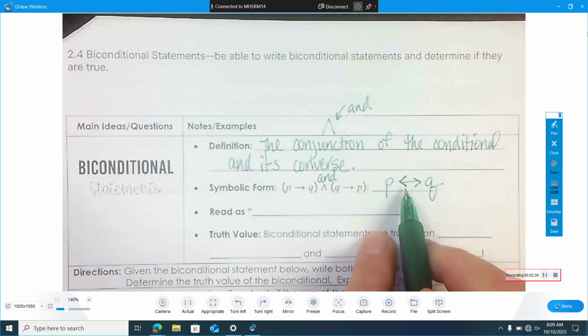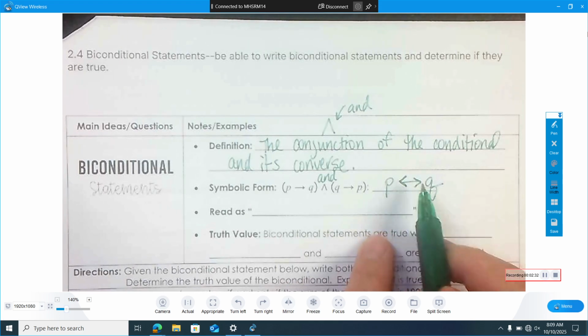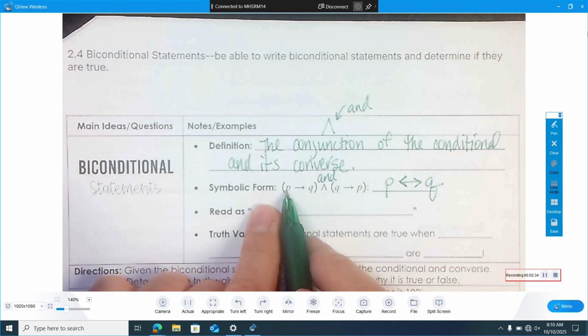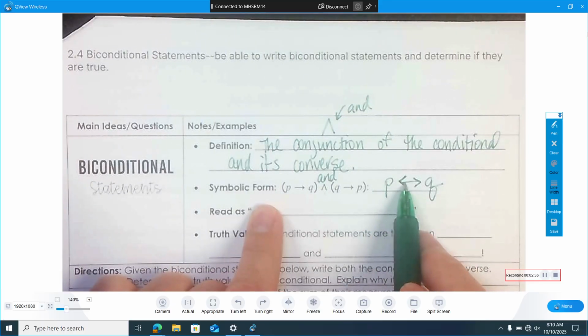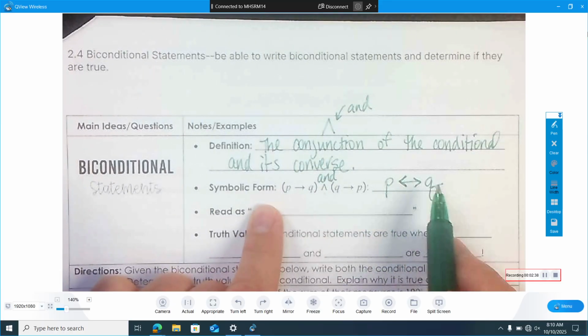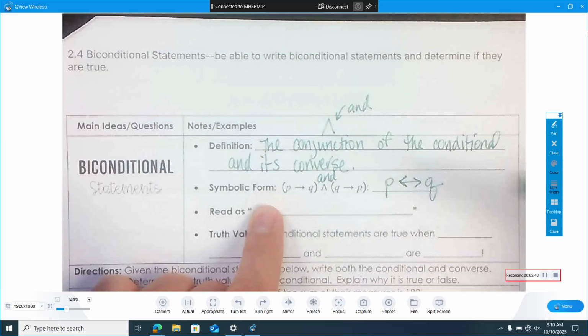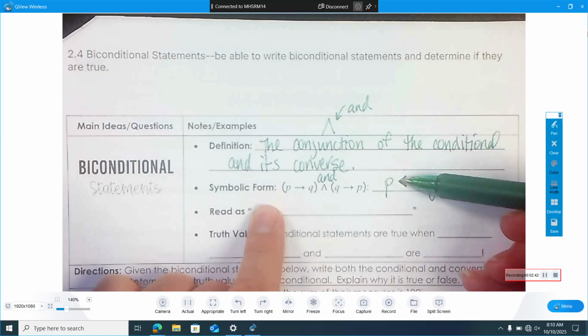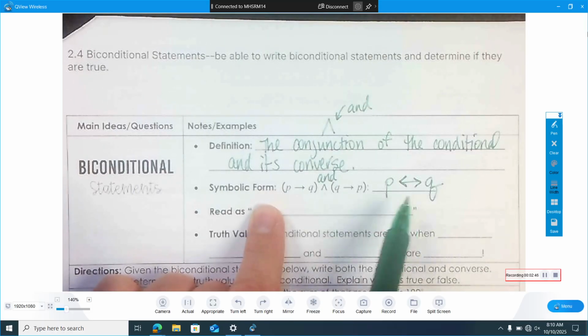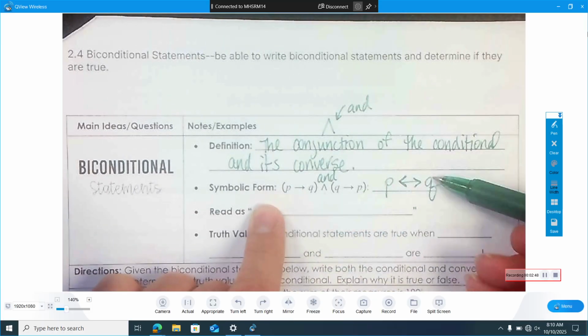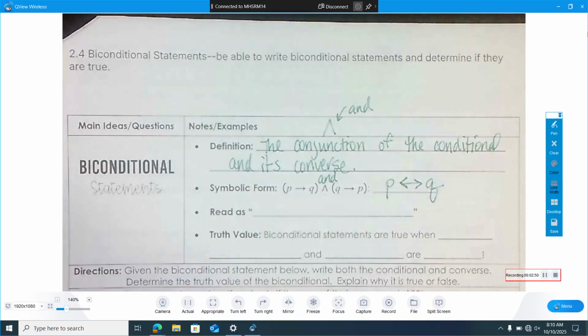This double arrow basically says P implies Q, so there's the arrow pointing to the Q, and then Q implies P, so we go from Q backwards to P. You see how P goes to Q and then Q goes to P. That's what the double arrow's telling us. They're going back and forth, right? So we have to do it both ways. That's what that double arrow says.